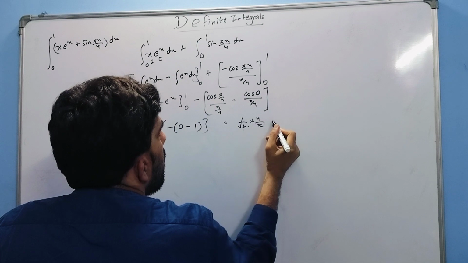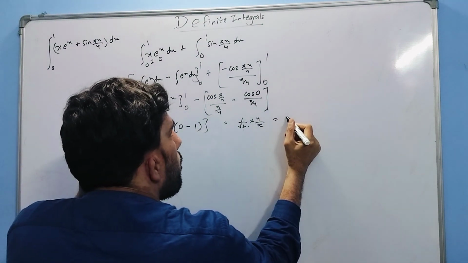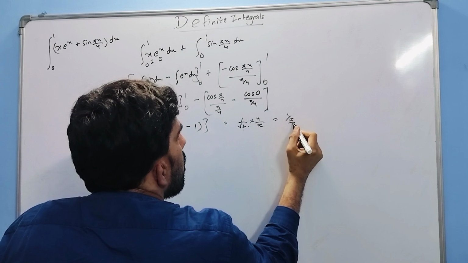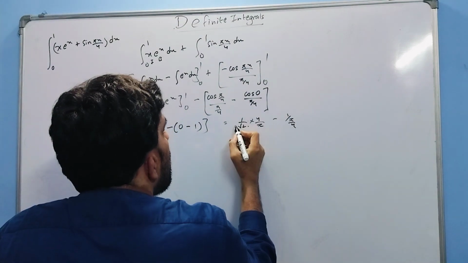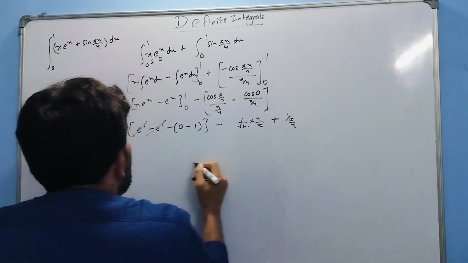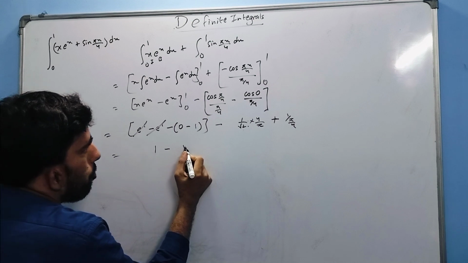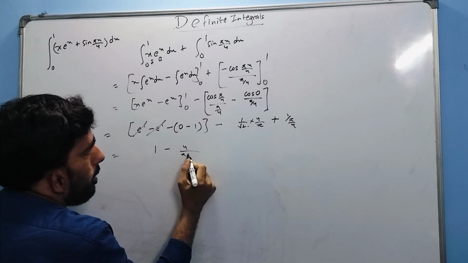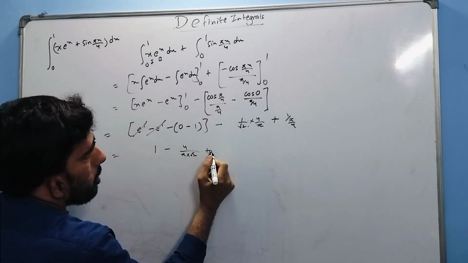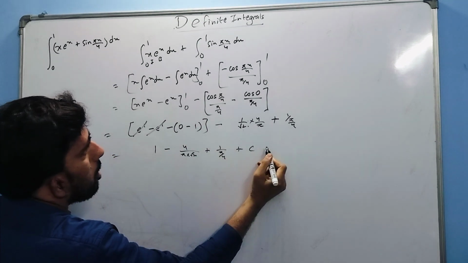And we know cos 0 is 1, so I get 1 upon pi by 4. So now I got minus 1, minus 4 upon pi root 2, plus 1 upon pi by 4, plus c.